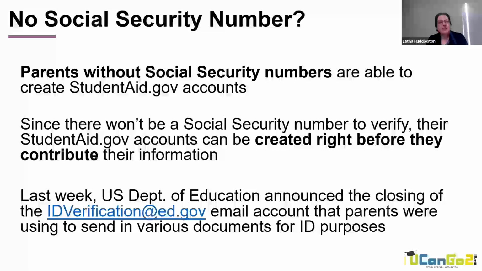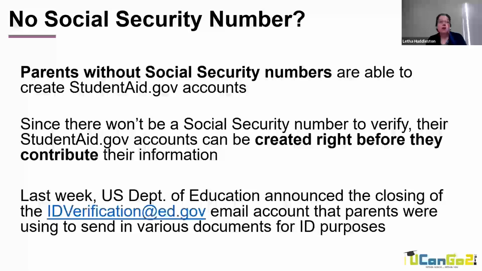Then last week, late in the week, we got a message from the U.S. Department of Education. Remember, that's the FAFSA people. And they announced that they're closing the ID verification at ed.gov address. That address is where people who do not have Social Security numbers were asked to send different documents to prove their identity. And as of now, that account is no longer open.